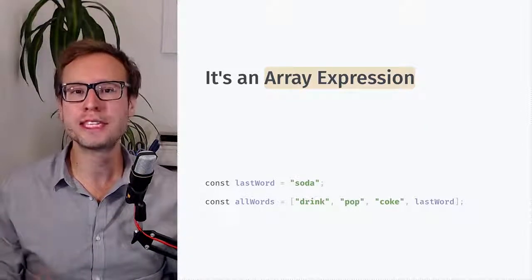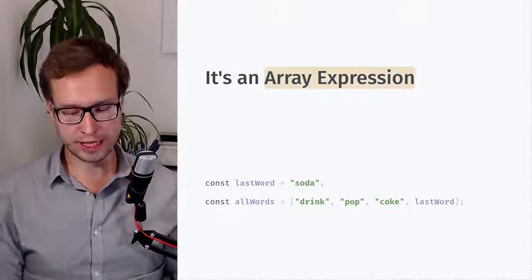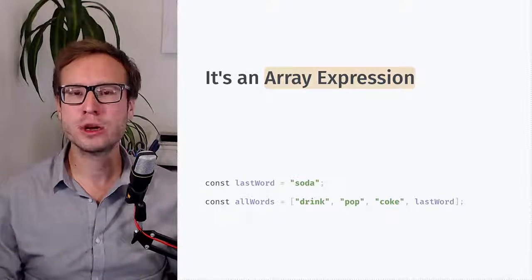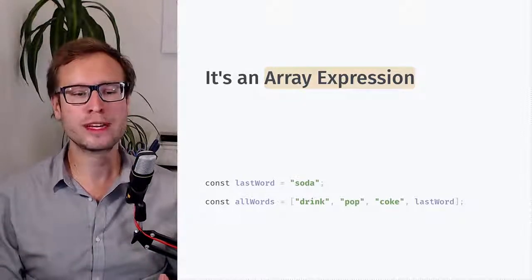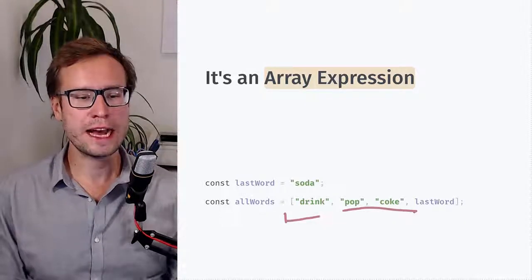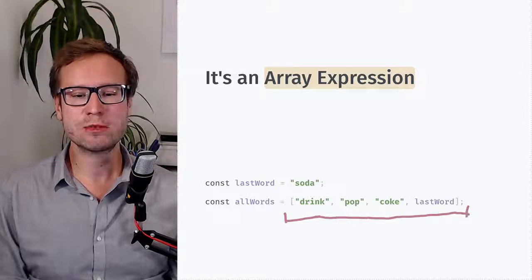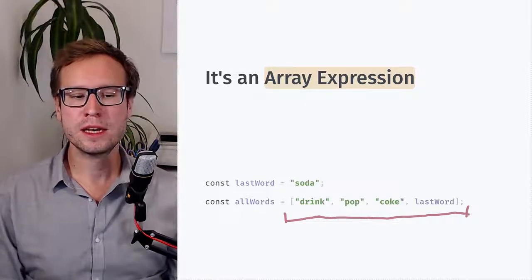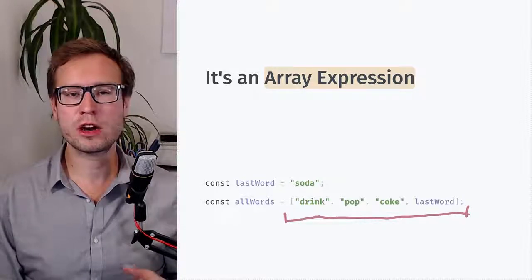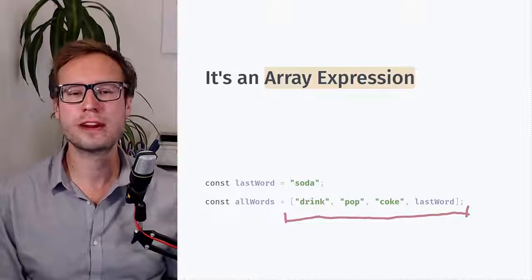And listen, I'll give you an example right away to show you why this is significant. Let's take a look at this. Suppose in my code I have a bunch of things going on, and at some point I have this array expression down here. Basically, an array expression with 4 items, the first 3 of which are just strings that I've provided right there, but the last one is a variable.